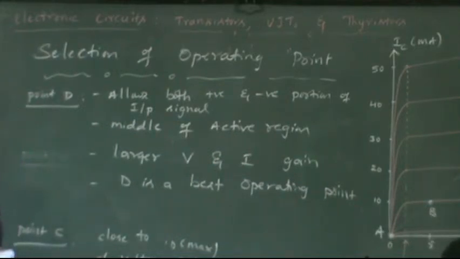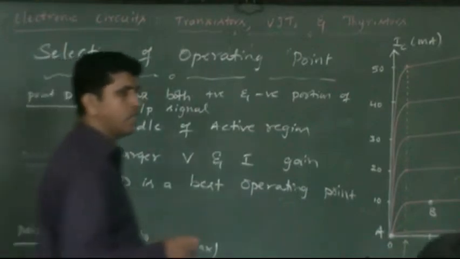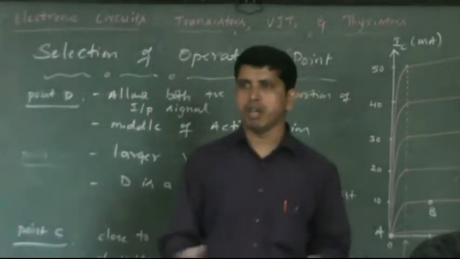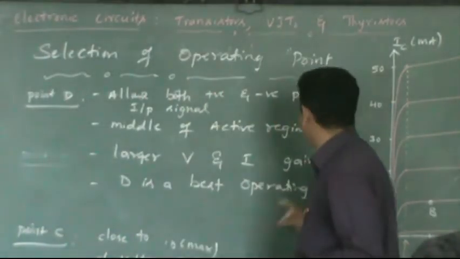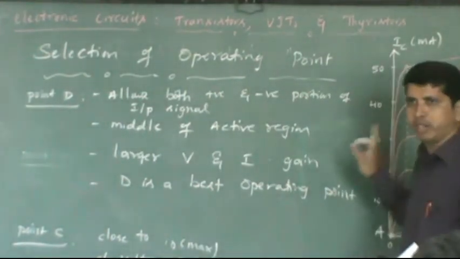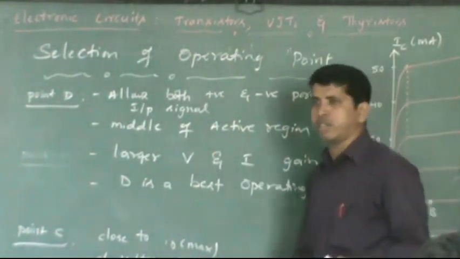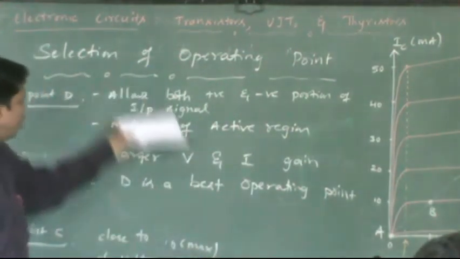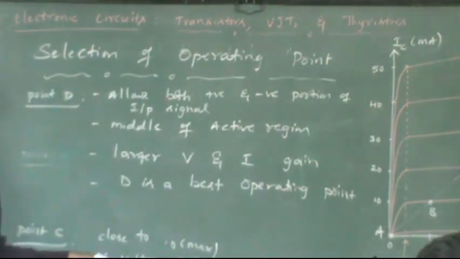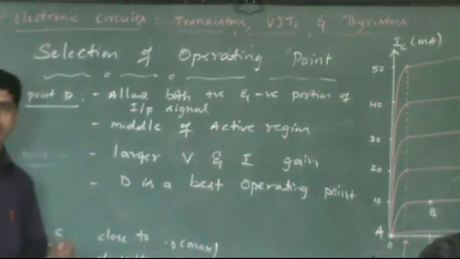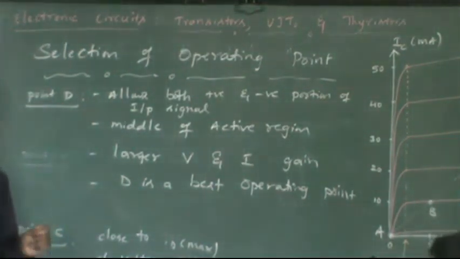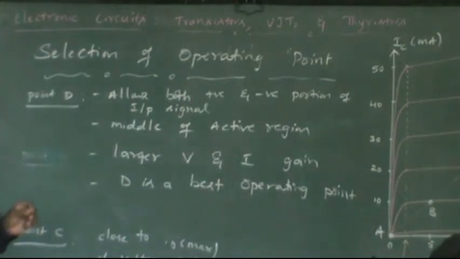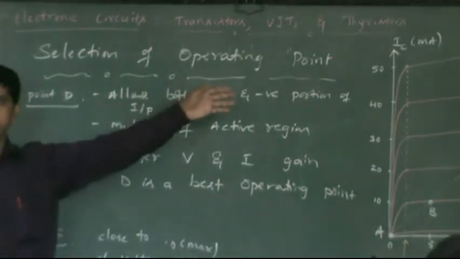Is there any parameter which is going to distort the output signal of an amplifier, assuming that I have already selected D as an operating point? Fine, because these are the advantages of the operating point. If I choose D, you will get all these advantages. My question is now, if I choose D as an operating point, is there any other factor which is going to distort the output signal of an amplifier?